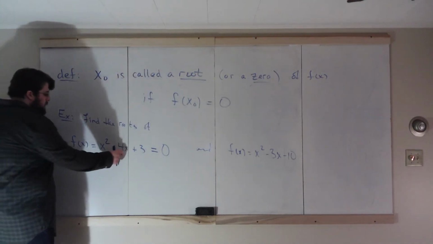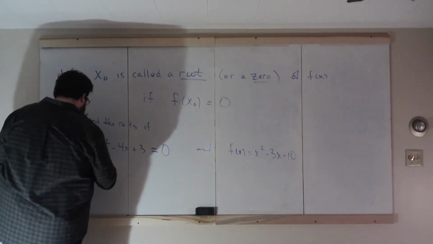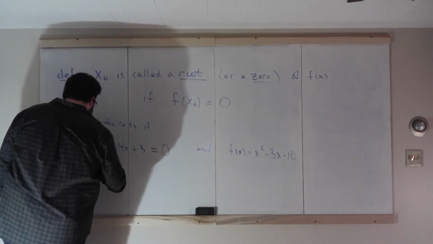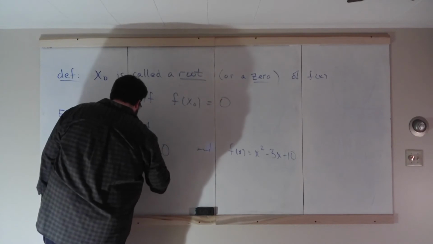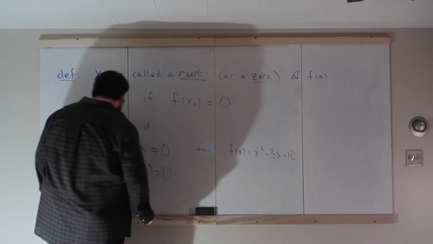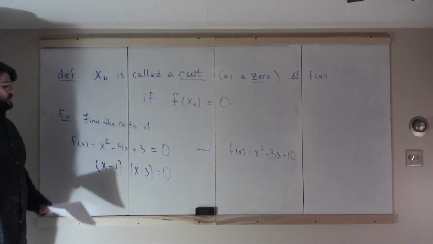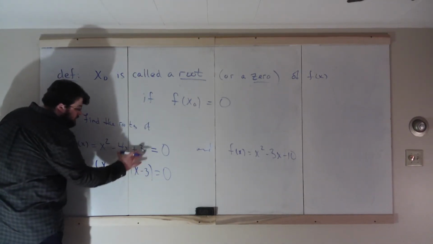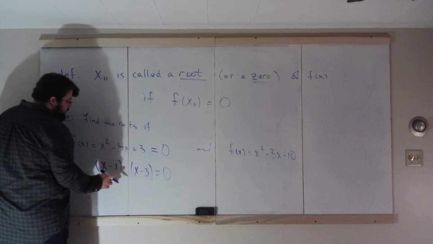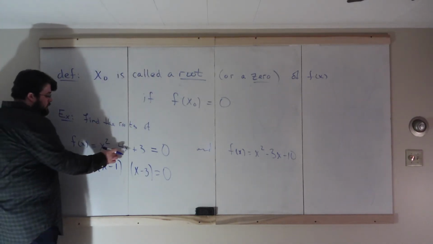Negative 3 and negative 1 make a negative 4. So we can factor this using a negative 3 and a negative 1. x minus 1 times x minus 3 equals 0. You can see that negative 3 times negative 1 gives you that, and then negative 3 plus negative 1 gives you that.